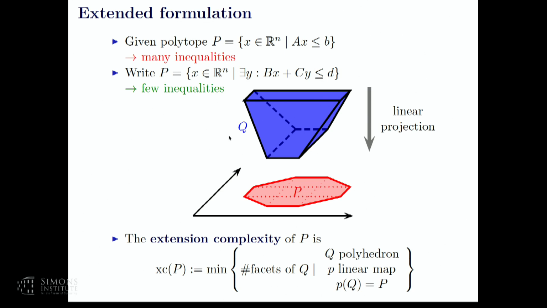So more formally, the extension complexity of a polytope is the smallest number of inequalities that you need so that you can write your polytope as a linear projection of some higher dimensional polytope with that many inequalities. And you're kind of ignoring the dimension here. You only count the number of inequalities.